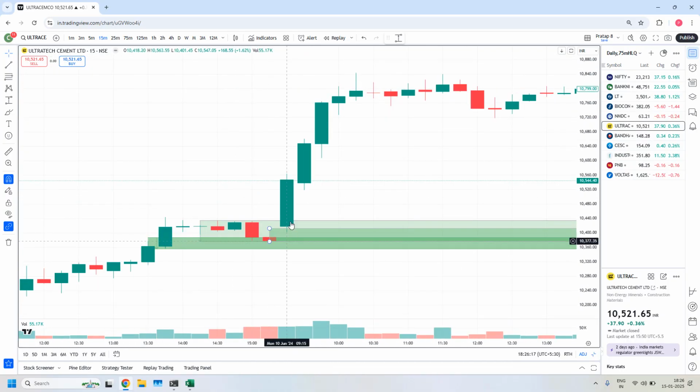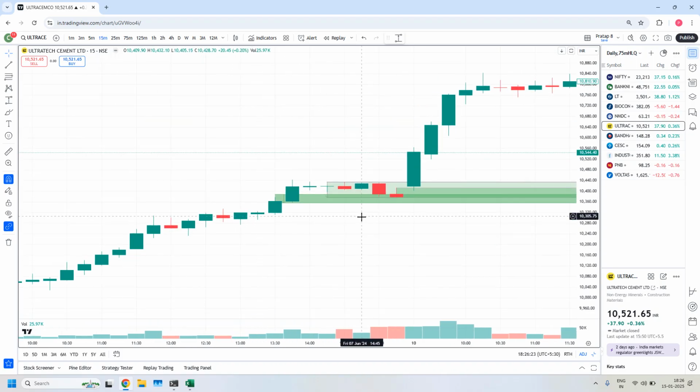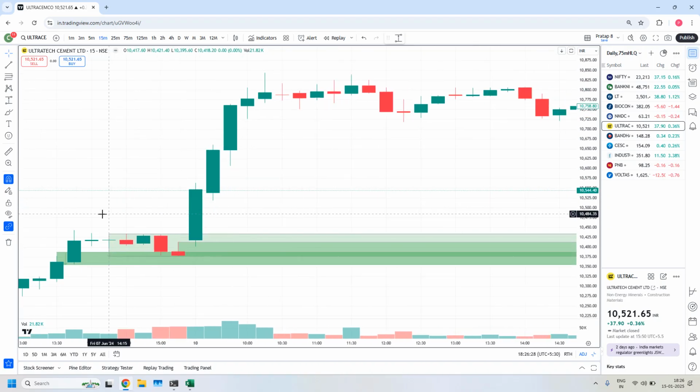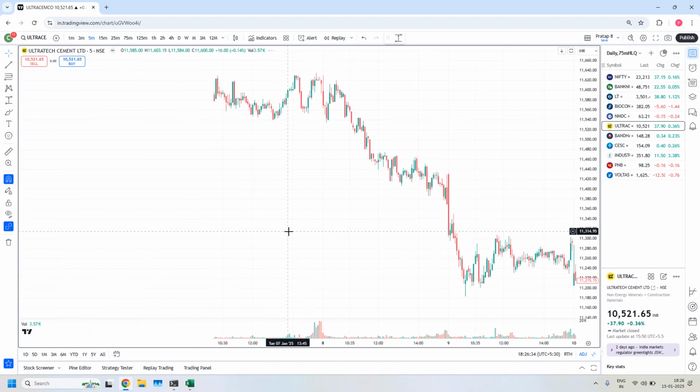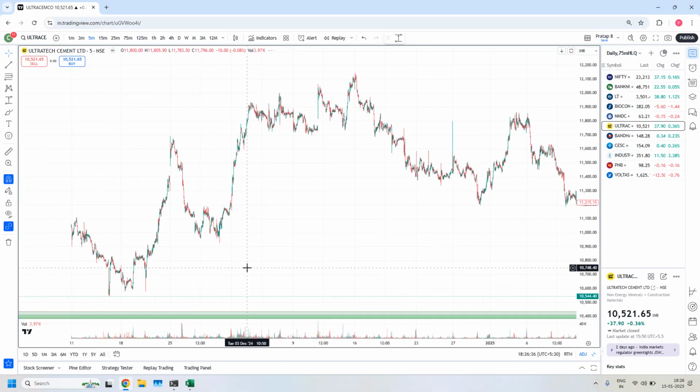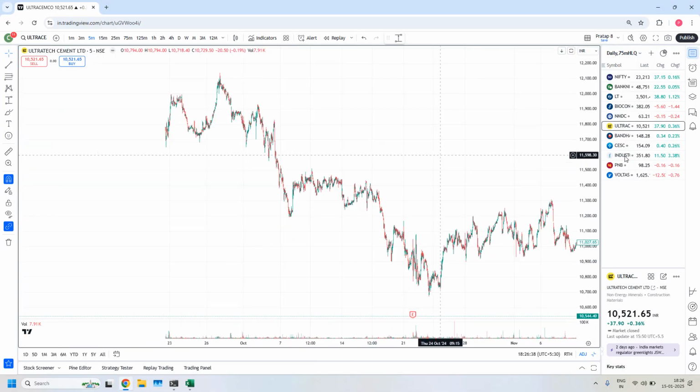So here drop base rally, 15 minute zone. Drop base rally is the 15 minute zone. But go to the 5 minute zone, the 5 minute structure is not good inside the 15 minute zone. But it has a LTF zone.